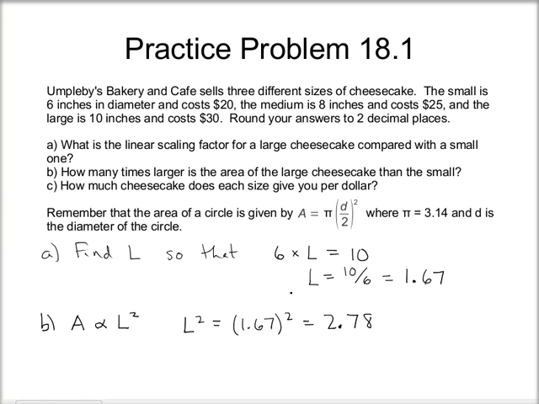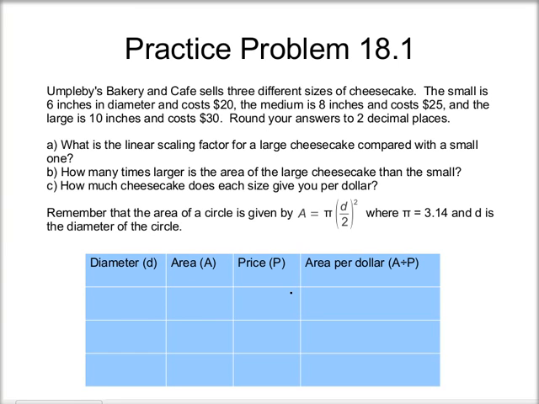For part C, I want to find out how much cheesecake each size gives you per dollar. I'm going to use this chart here to do that. So we know that the area of a circle, or the area of the cheesecake in this case, is given by this formula. A is equal to pi times d over 2 squared, where pi is 3.14 and d is the diameter.